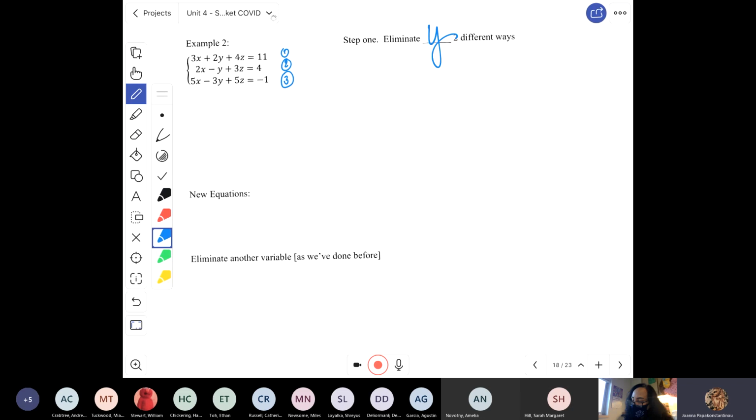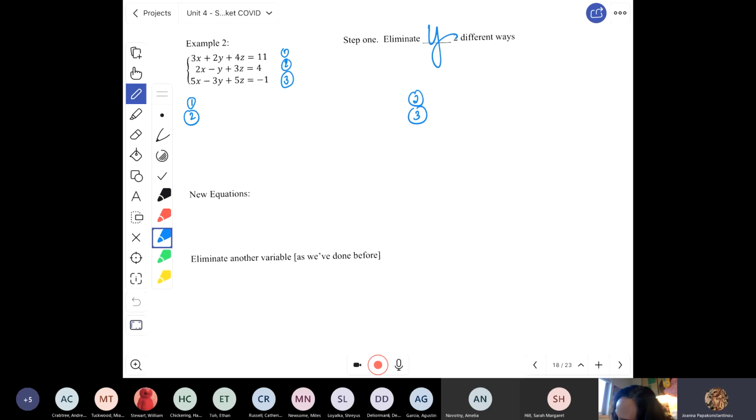Okay, so I'm going to choose 2 equations at a time. I'm going to choose equation 1 and 2, and eliminate y using equation 1 and 2. And then I'm going to eliminate y using equation 2 and 3. I'm exploiting equation 2 because of that -y.